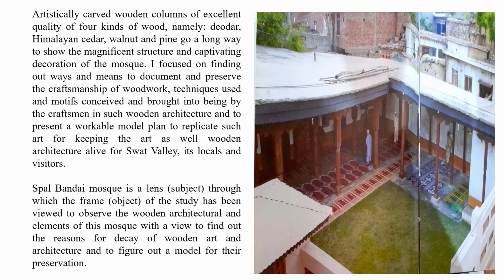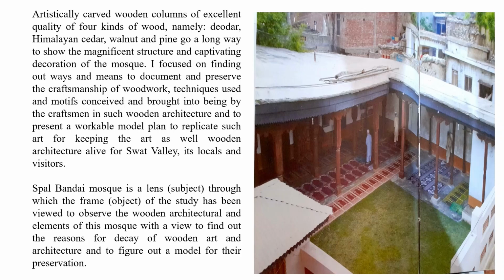I focused on finding out ways and means to document and preserve the craftsmanship of woodwork, techniques used, and motifs conceived and brought into being by the craftsmen in such wooden architecture, and to present a workable model plan to replicate such art for keeping the art as well as wooden architecture alive for Swat Valley, its locals and visitors.